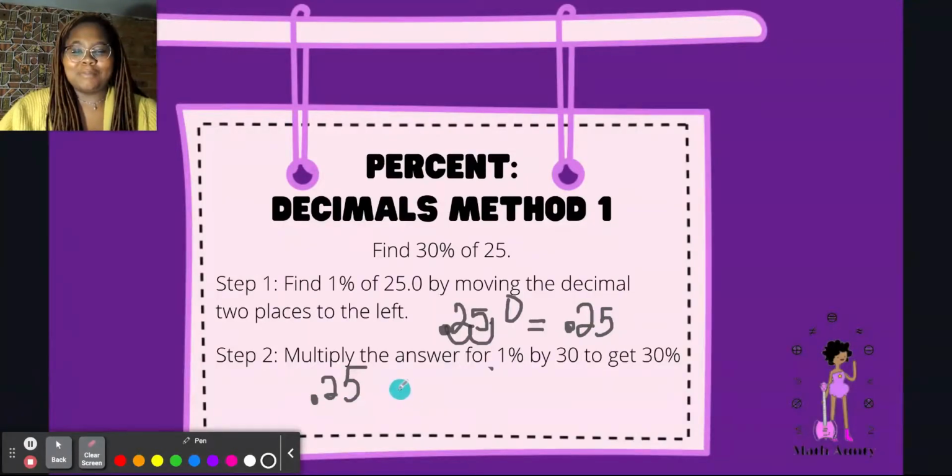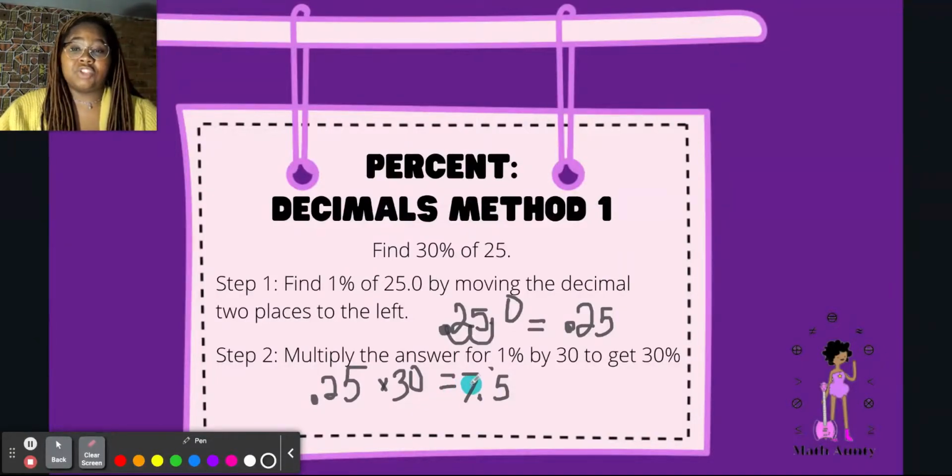In the second step, you take that answer for 1%, 0.25, and you multiply it by 30 to find 30%. 0.25 times 30 equals 7.5. Now, I use my calculator, but if you didn't want to use your calculator or you're not allowed to in your class, you could always do 30 times 25.